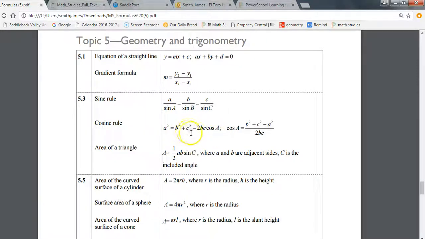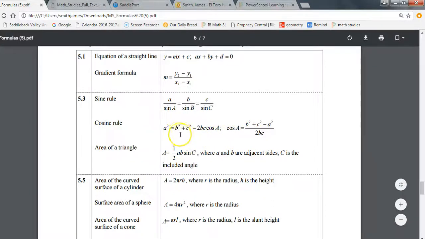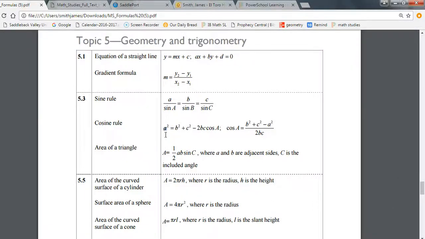Looking at the one that we're going to deal with here in our last lesson, the law of cosines, or the cosine rule, there's two ways of writing it. If you are solving for a side length, notice they isolated the a right here. So this is the best case for finding a side length.